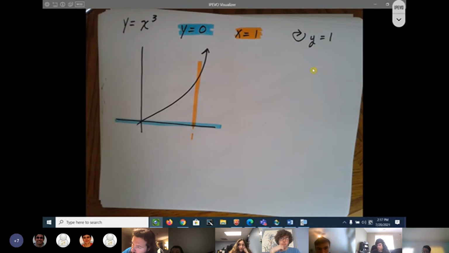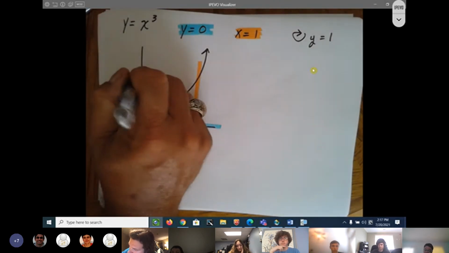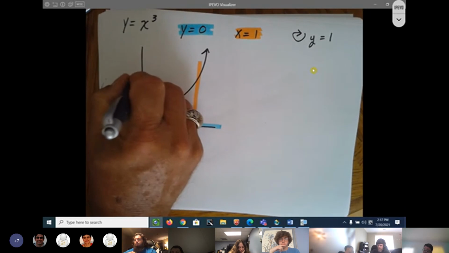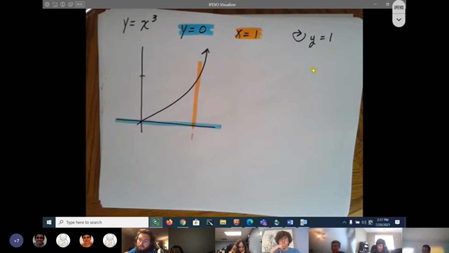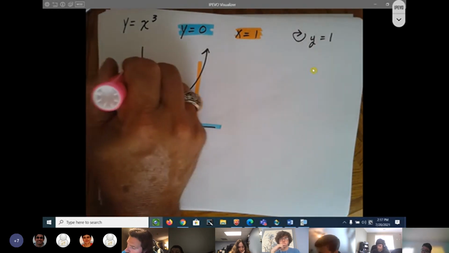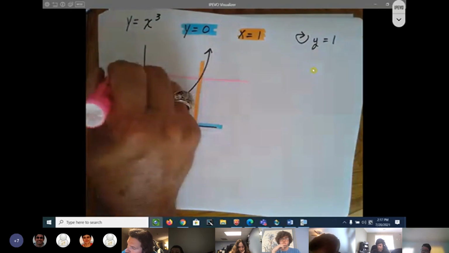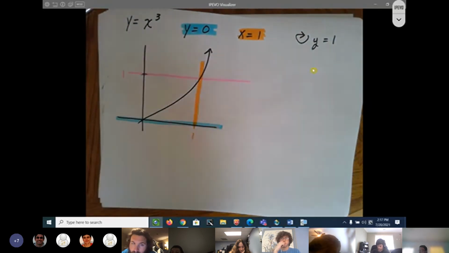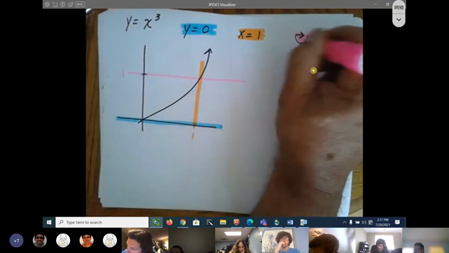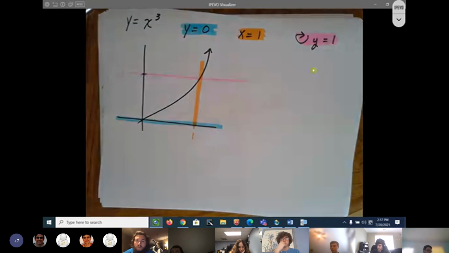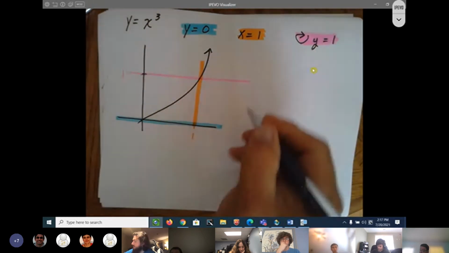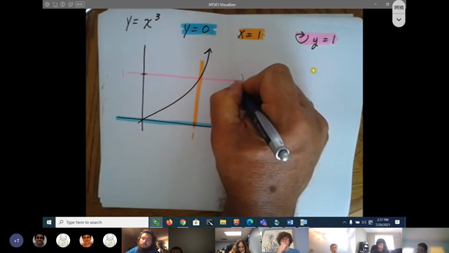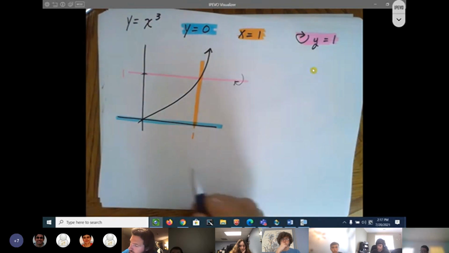And y is equal to 1 is right here. Y is equal to 1. And we're revolving around y is equal to 1, so it's kind of like the x-axis.